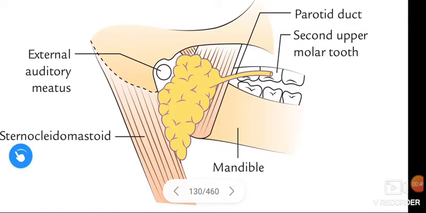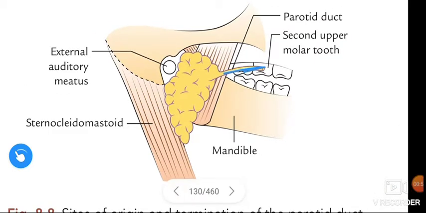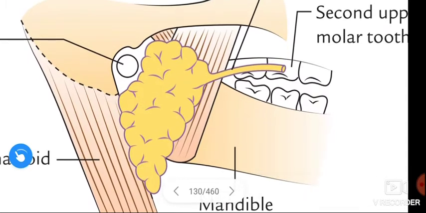See this figure. This is the parotid duct, which is 5 centimeters long, and it emerges from the middle of the anterior border of the parotid gland.